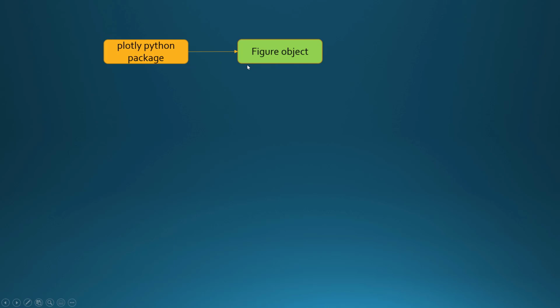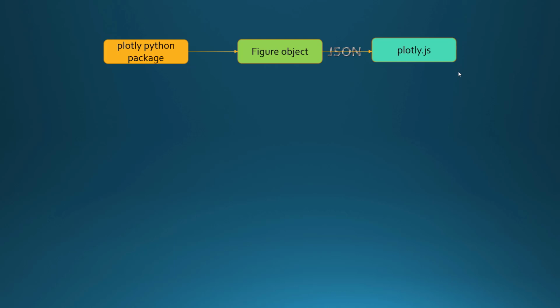Now the rendering is handled by plotly.js. As a developer you will mainly be working on how to define the figure object in your Python program, but behind the scenes those figure objects will be serialized as JSON and then passed to plotly.js, and plotly.js will do all the heavy lifting, like rendering those graphs.